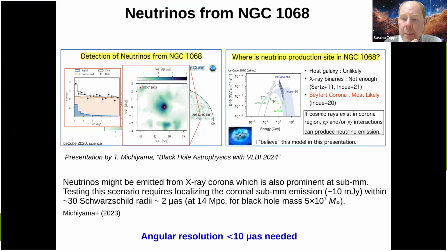So if we were able, in this specific scenario, to constrain such emission in a very small area, within 30 Schwarzschild radii or a few micro arc seconds from Earth, then this would lend credibility to these corona emission scenarios for the neutrino emission from NGC 1068. But of course, this requires angular resolutions of better than 10 microarc seconds, because you need to be able to pinpoint the position of a point source within 1 or 2 microarc seconds.